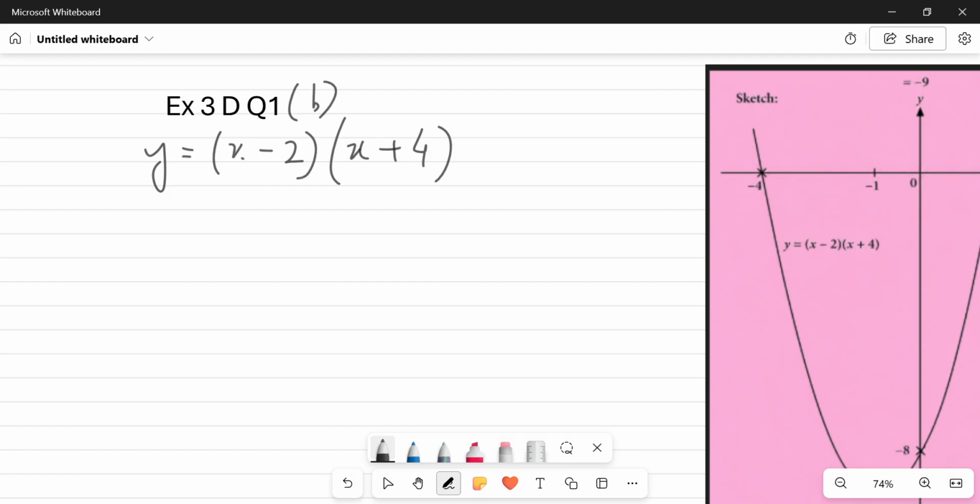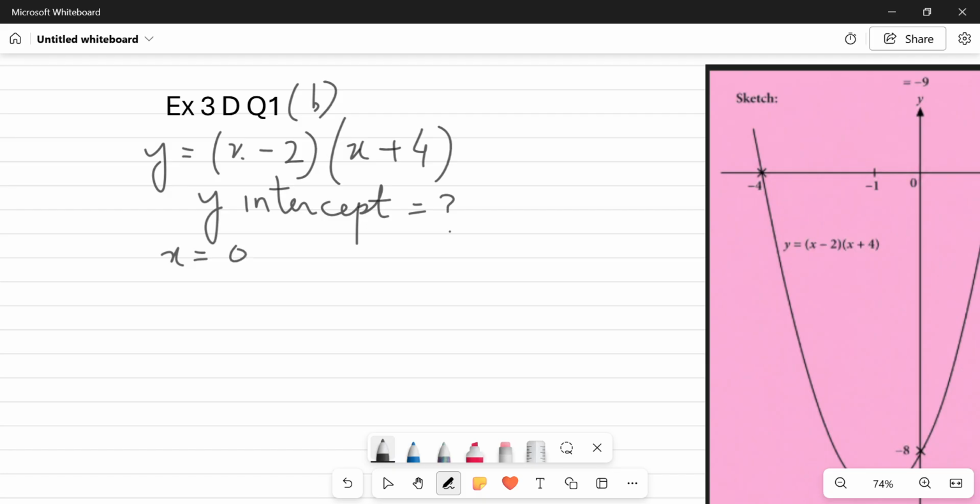First of all, find the y-intercept, right? Step number 1, x takes 0. So x is equal to 0.